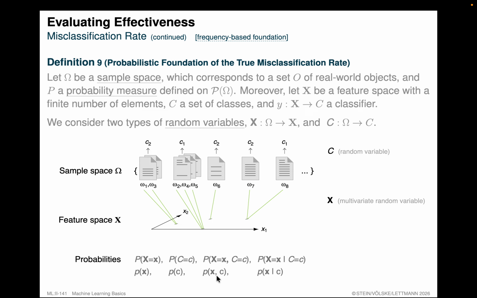The comma stands for and. Different notation. We can, of course, also look at conditional probabilities. For example, the probability of observing a feature vector x given a class. These are two different things, although for the latter there is some equivalence between them. We will look at them very closely, don't worry.